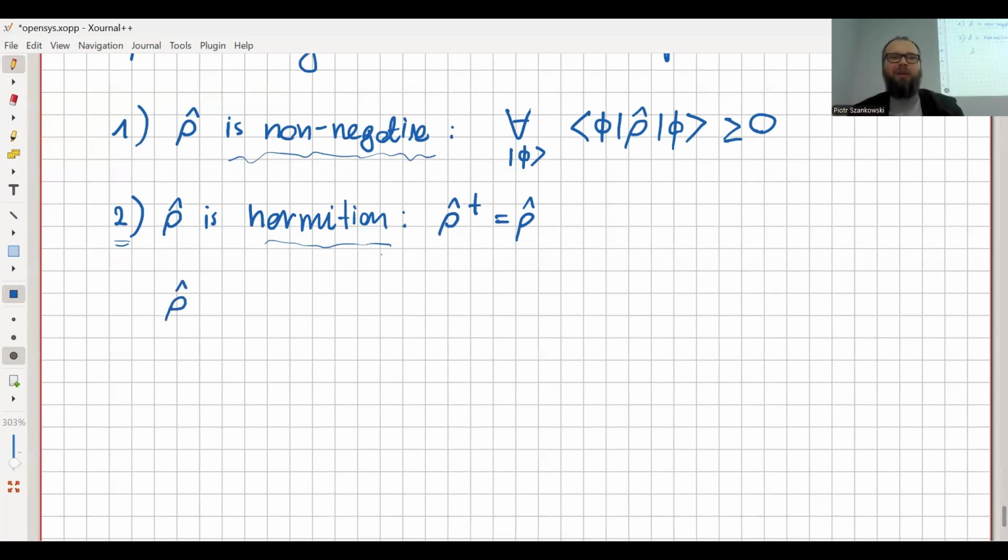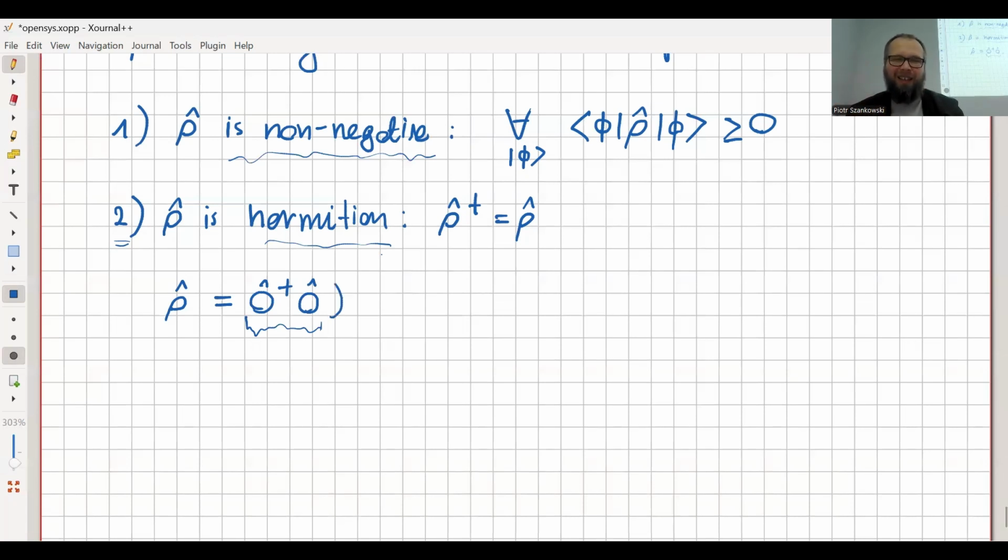positive semi-definite operators can always be written in the following form. Okay, you can always decompose them like that. This operator O, you can think of it as a square root of rho. And if you have this form, it's clear that it's Hermitian, right?